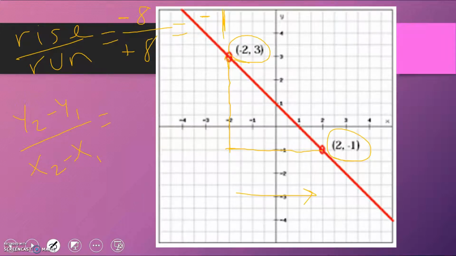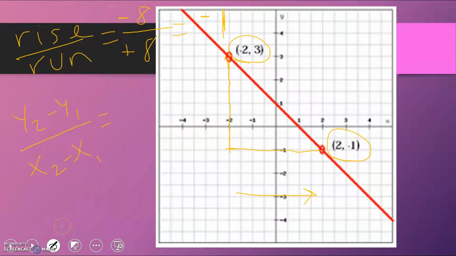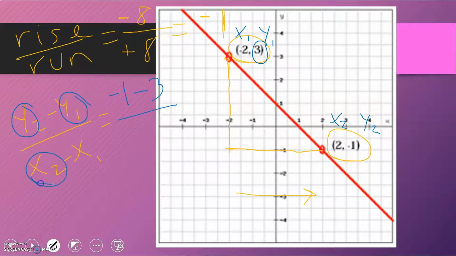All right, just to prove it to you, we can also do it the mathematical way. So let's say that this is x1 and y1. This is x2 and y2. So we're going to take our y2 value, which was -1, and subtract our y1 value, which is 3. And then on bottom, we have x2 minus x1.